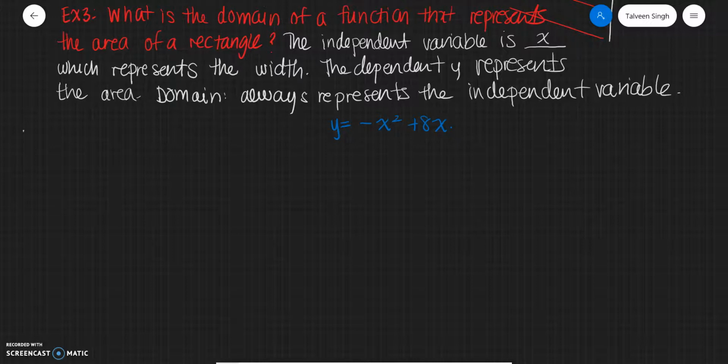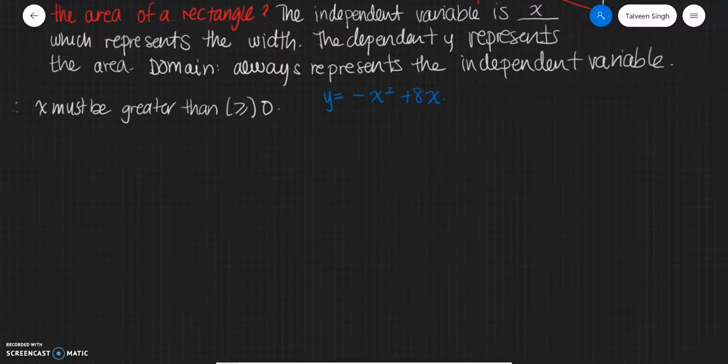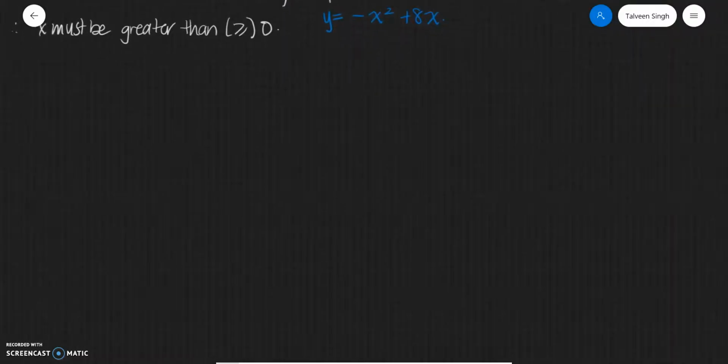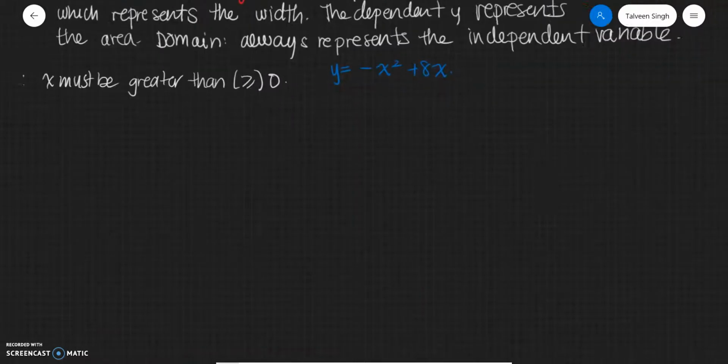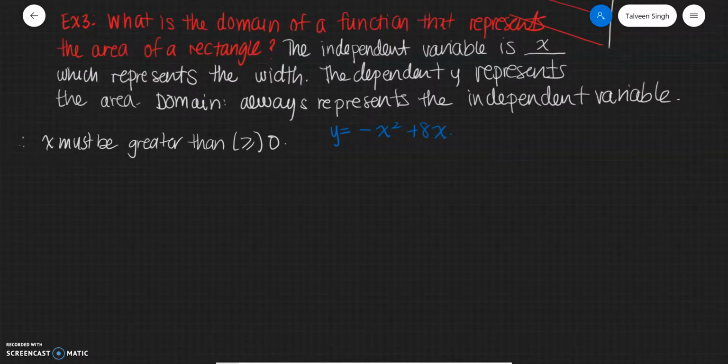So we're just going to write this down. Therefore, x must be greater than or equal to 0, because you can have a 0 width. It wouldn't make any sense, but you can, right? So greater than or equal to 0. Then it asks us, it's representing the area.